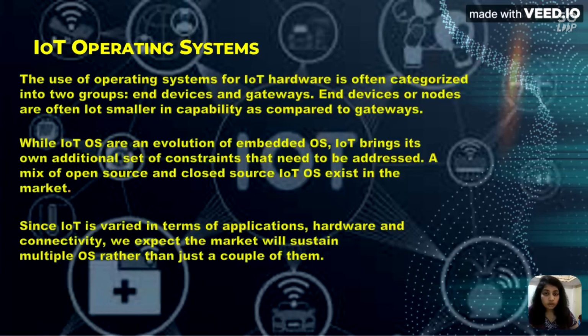While these IoT operating systems are an evolution of embedded operating systems, IoT has its own constraints which need to be addressed very properly. A mixture of open source and closed source operating systems are also available in the market. Since IoT varies in application, connectivity, and hardware, the market must have multiple OS rather than only a couple of them.